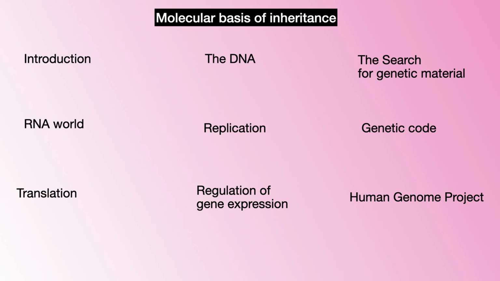Since DNA is too long to read in one go, they broke it into small random fragments. These fragments were put into vectors like bacterial artificial chromosomes and yeast artificial chromosomes to be copied and amplified.